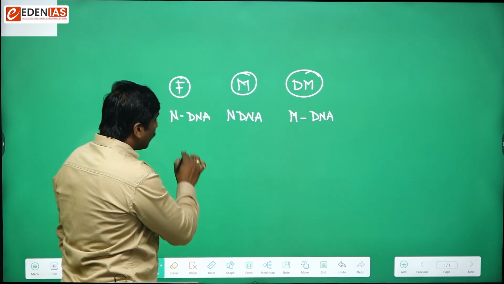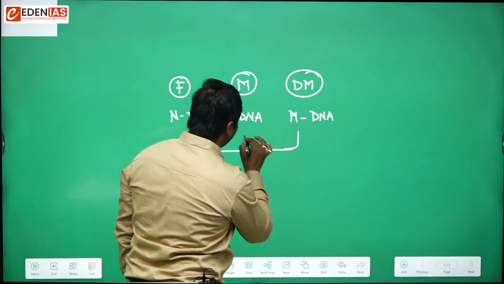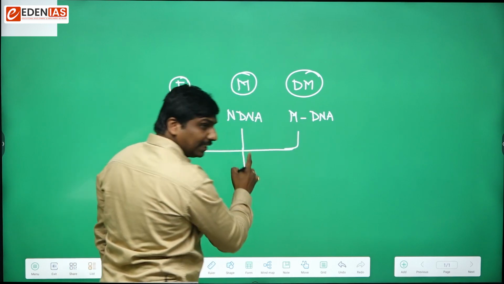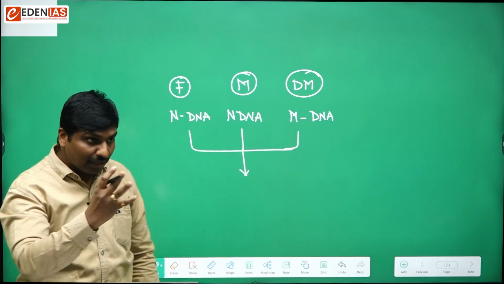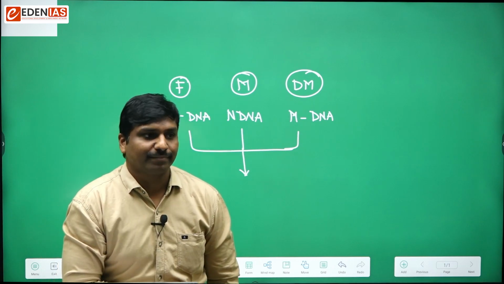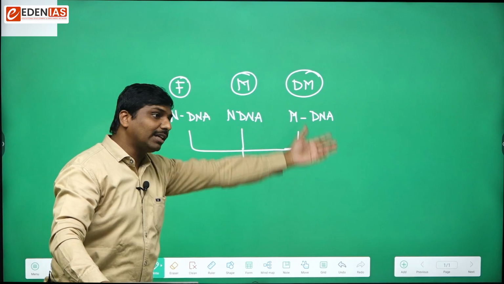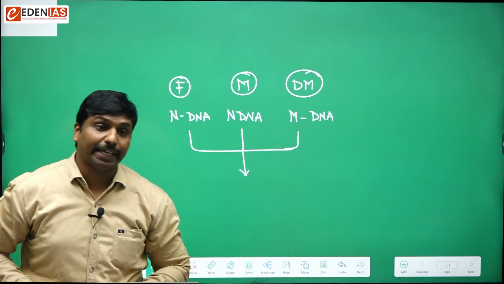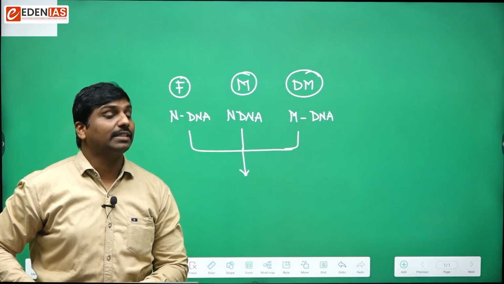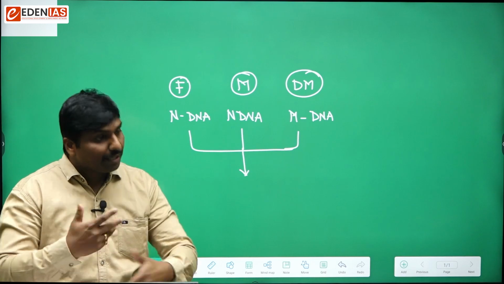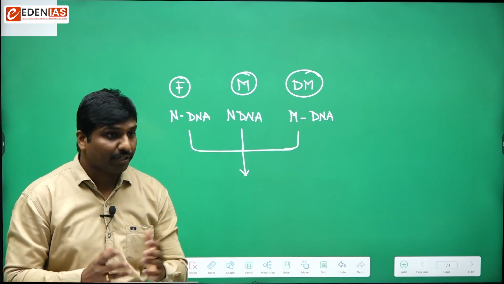All this DNA would be combined, and with the help of this, they will produce a healthy embryo. Are you getting that? As there are 3 parents involved, we call the technique the 3-parent baby technique. This is one kind of artificial reproduction technology.